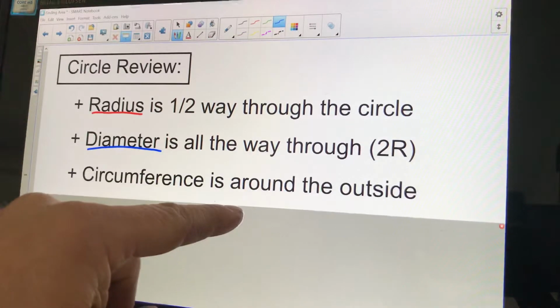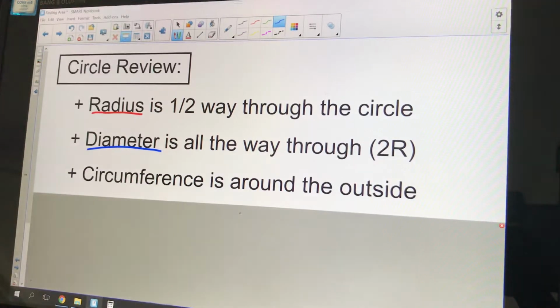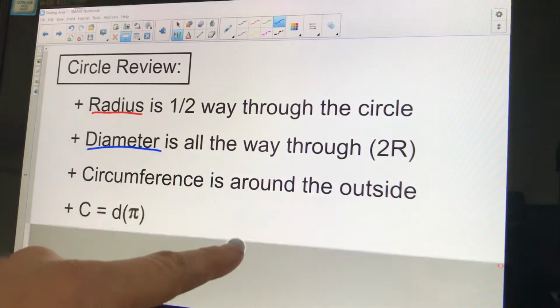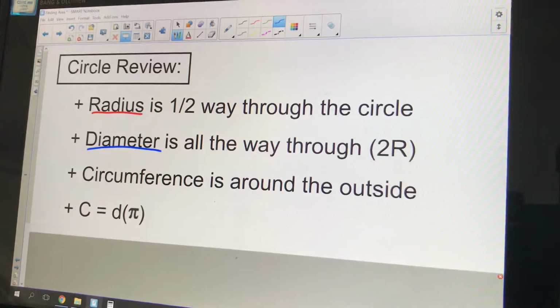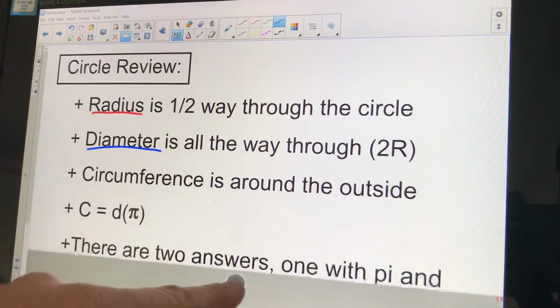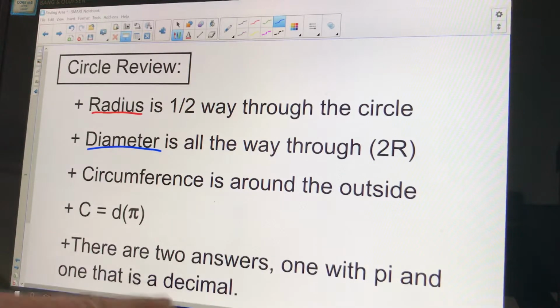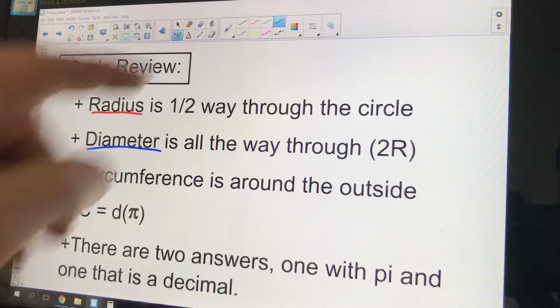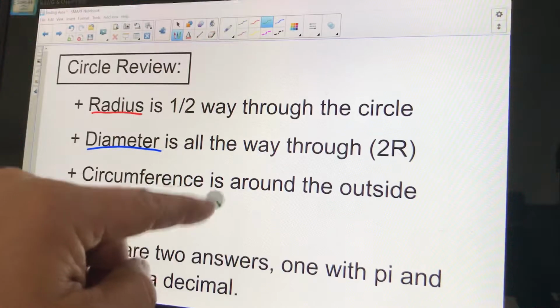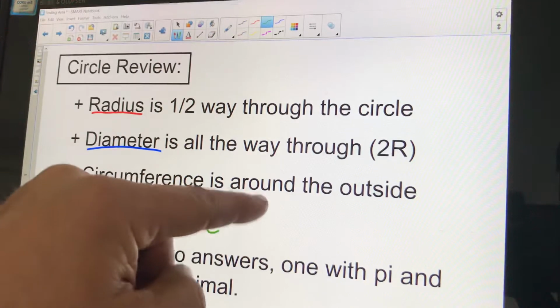The third thing we learned is that circumference is around the outside, taking that dimension around the outside, also known as perimeter. And there was a formula that said circumference is equal to d, diameter, times pi. And we also had the fact that there are two answers. One where we leave the answer looking like pi, C equals 9 pi.